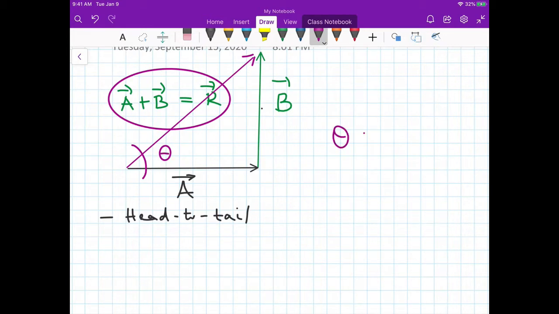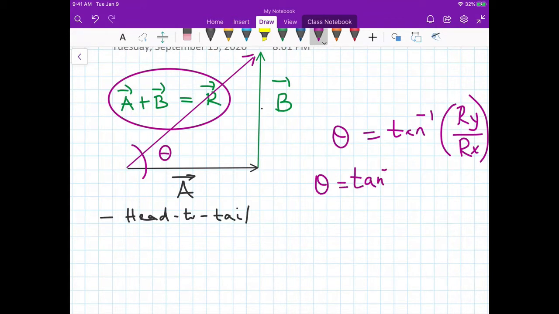Theta is the tan inverse of the resultant component in the y direction divided by the resultant component in the x direction. For this particular simple example, your theta angle is equal to tan inverse of the magnitude of vector B divided by the magnitude of vector A.